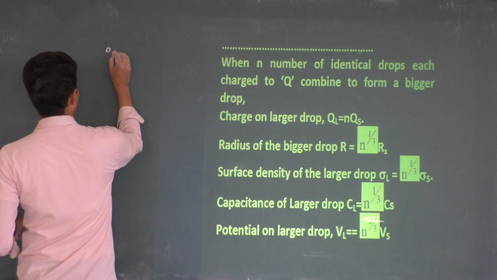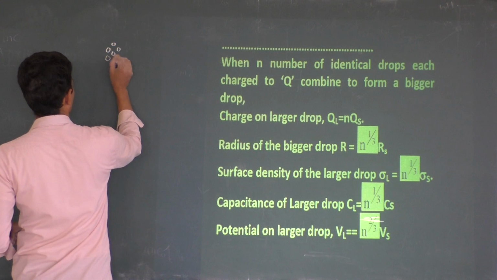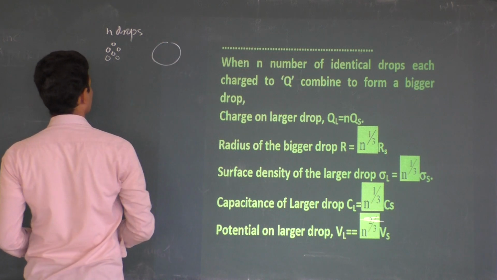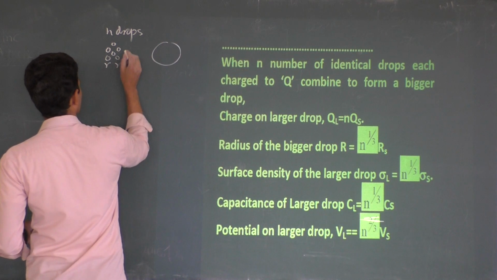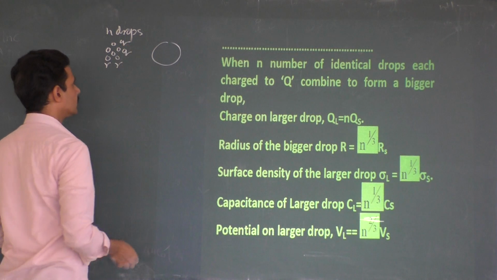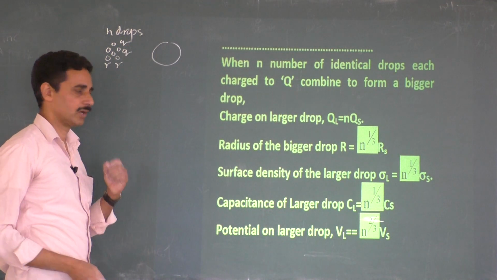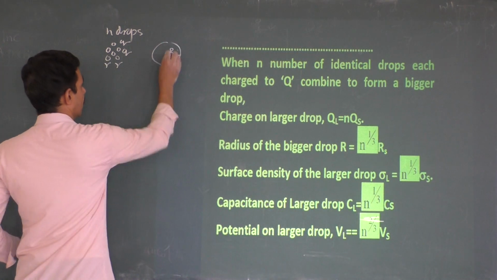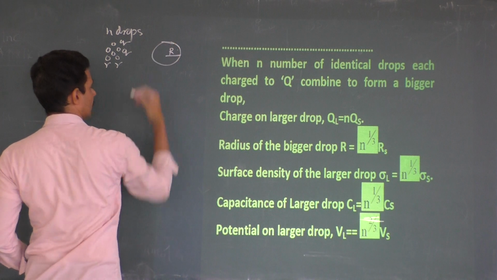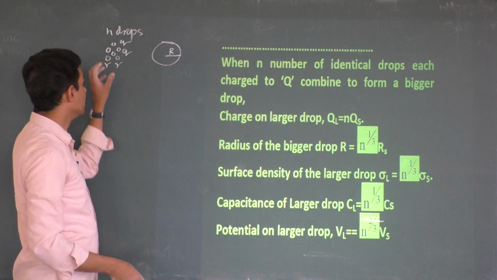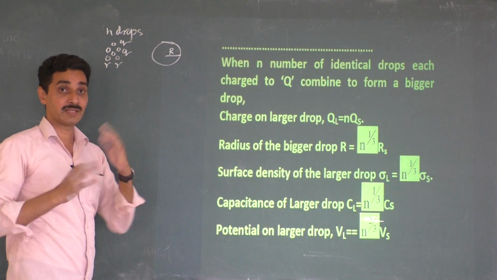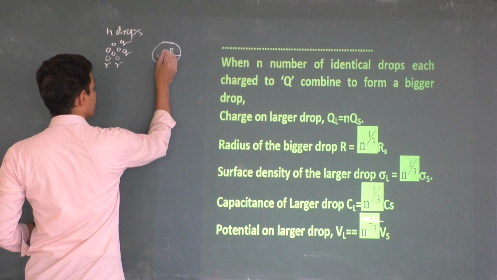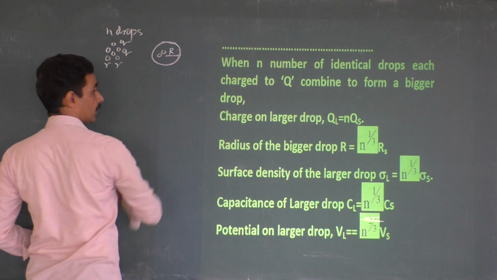Suppose there are n identical drops of the liquid, each of radius r and charge q. Now they combine together to form a bigger drop of radius R. When you analyze this, the surface area will not be n times, because the surface areas of the inner drops do not contribute to the surface area of the larger drop.